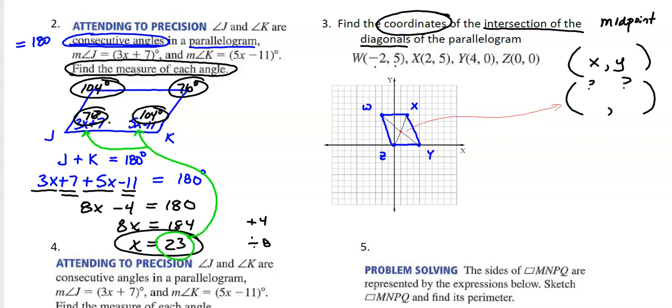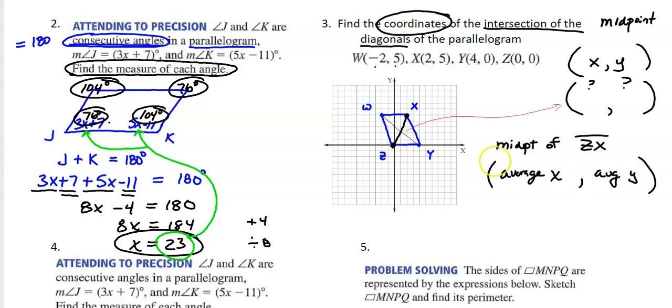So just a quick refresher, to find the midpoint, and I really don't need to find both of them, let's just find the midpoint of this segment from Z to X. Basically it's just the average of the X coordinates and the average of the Y coordinates.